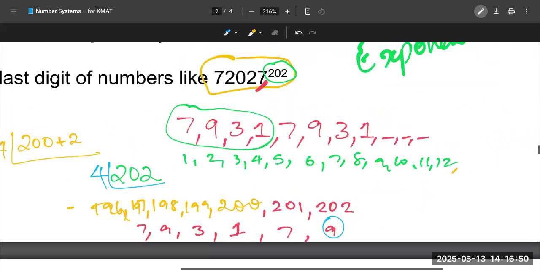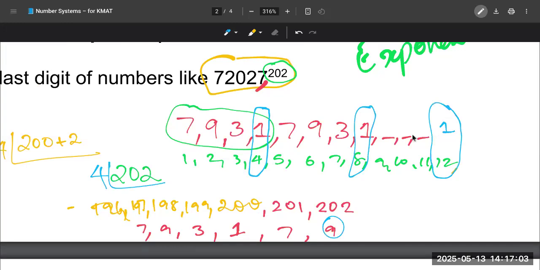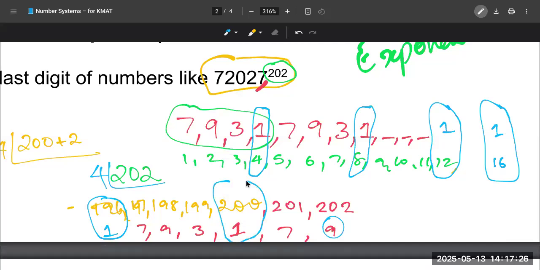Basically, the multiples of 4 will have 1 as the unit digit. 8 has 1, and 12 also has 1, and so on, because it is repeating after every 4. 196 would also have 1 as the unit digit. 200 will also have 1 as the unit digit.